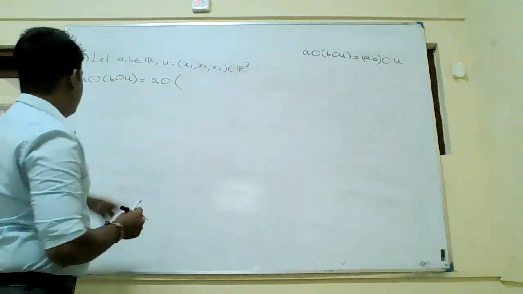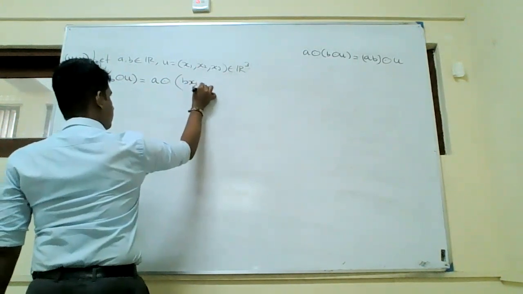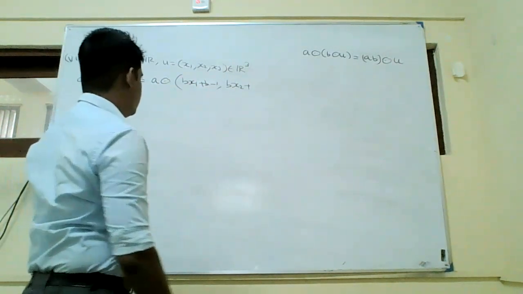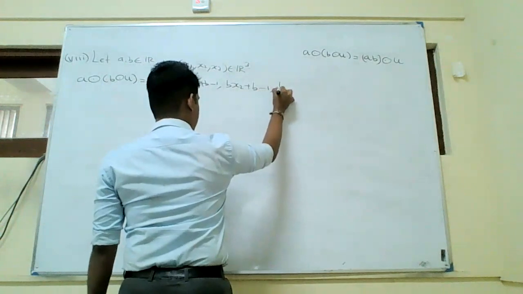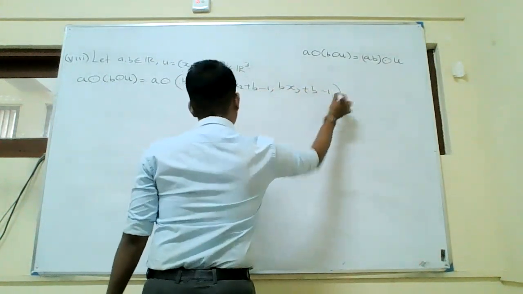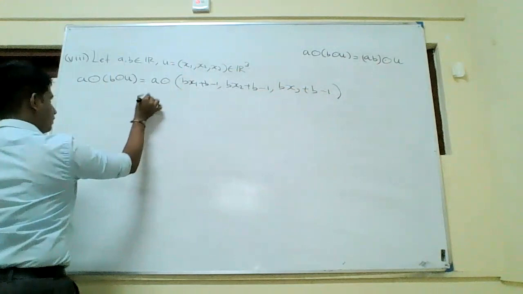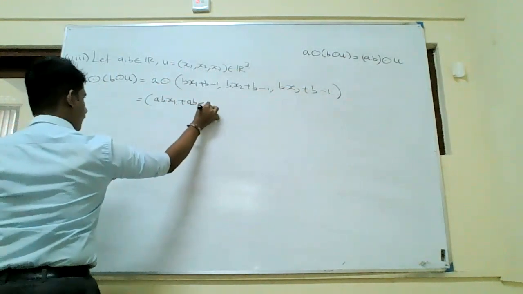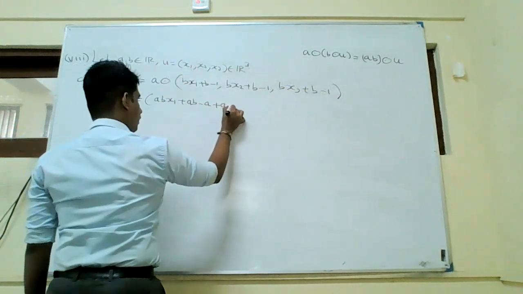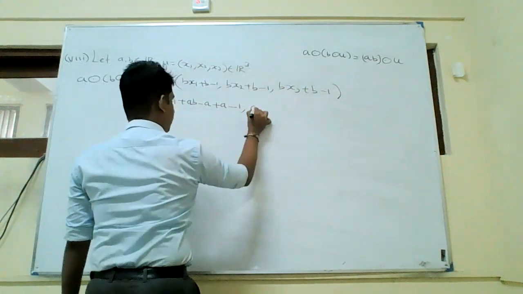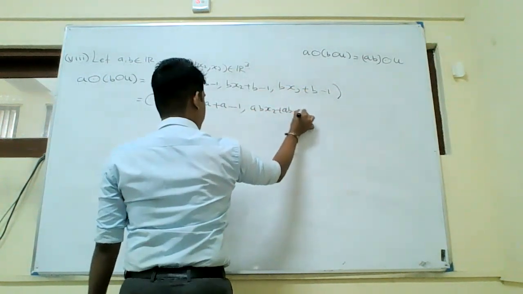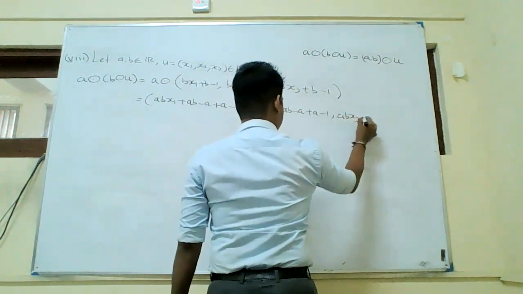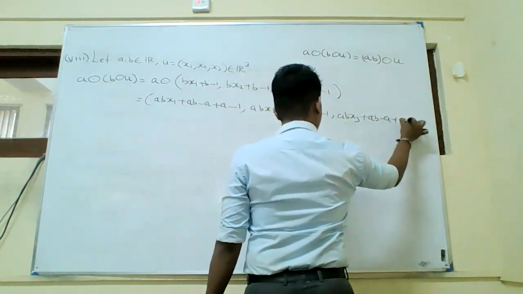So b dot u, what is the value? bx1, b minus 1, bx2, b minus 1, bx3, b minus 1. Again, do the scalar multiplication by a. Then abx1, ab minus a, again add a minus 1, abx2, ab minus a, add a minus 1, abx3, ab minus a, add a minus 1.